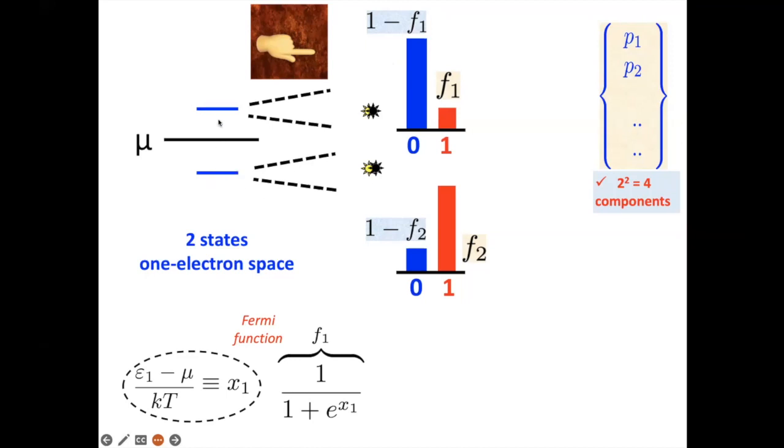And if you had 2 energy levels, that's like 2 p-bits, but then there would be, in this configuration space, 4 components.